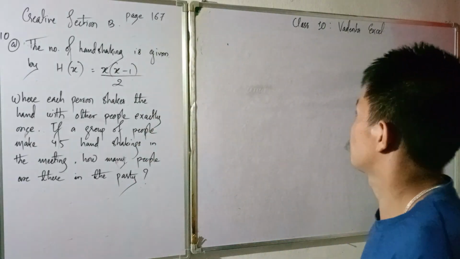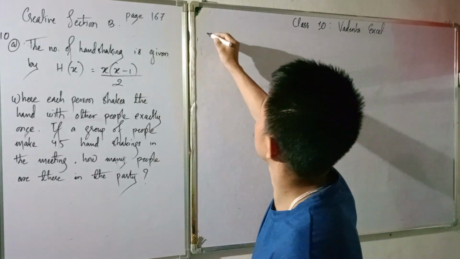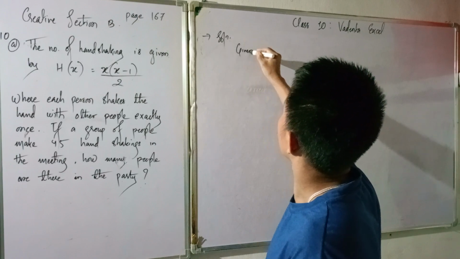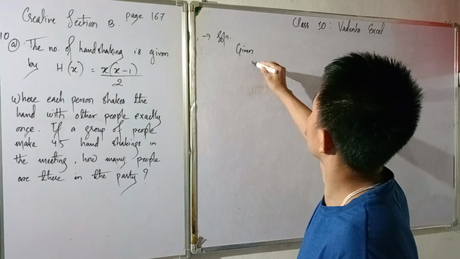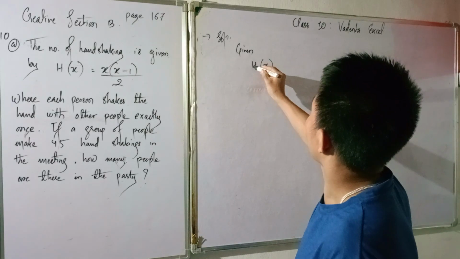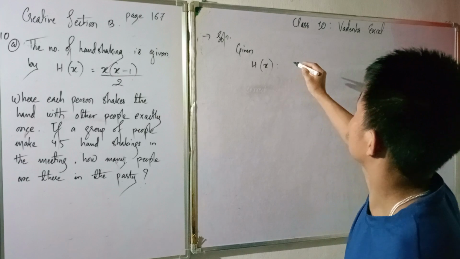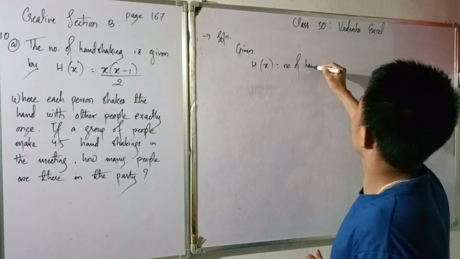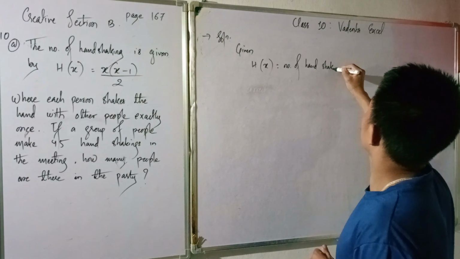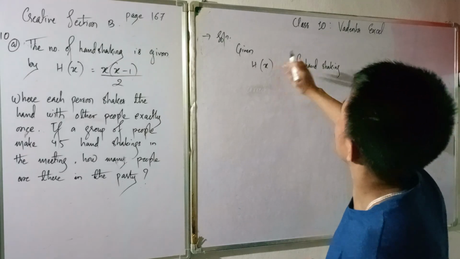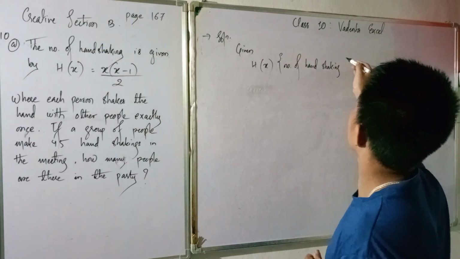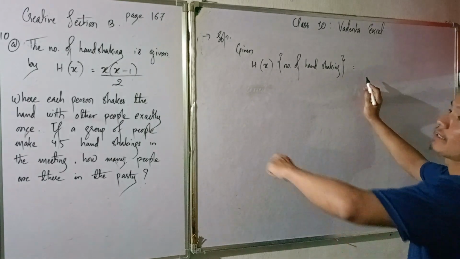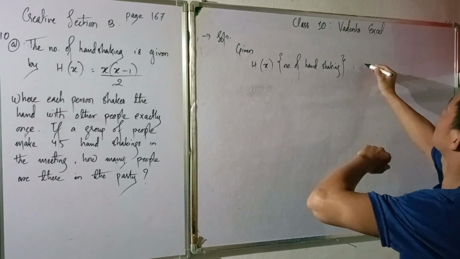So here we have A(x), which represents the number of handshakings, that is 45 handshakings.